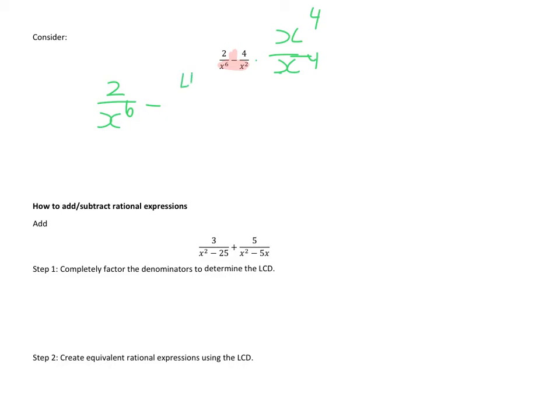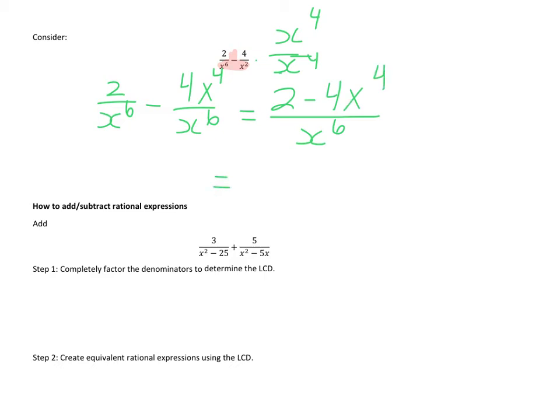But now we're going to subtract 4x to the 4th divided by x to the 6th. So now we have a common denominator. Now we can perform the operation to the top. All right, there you go. And we can take this further.